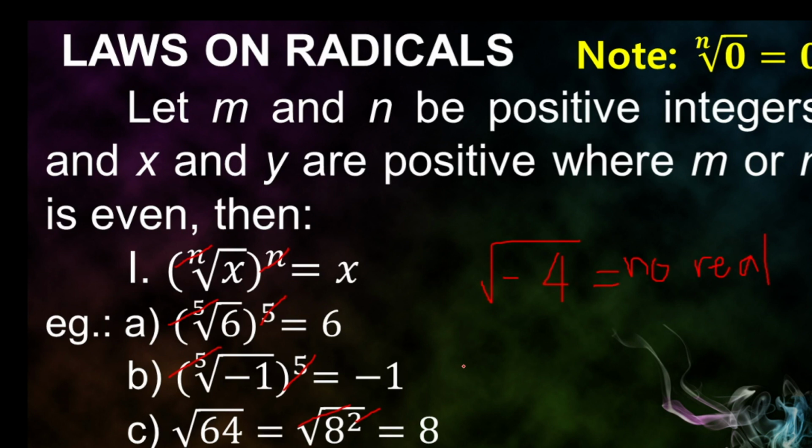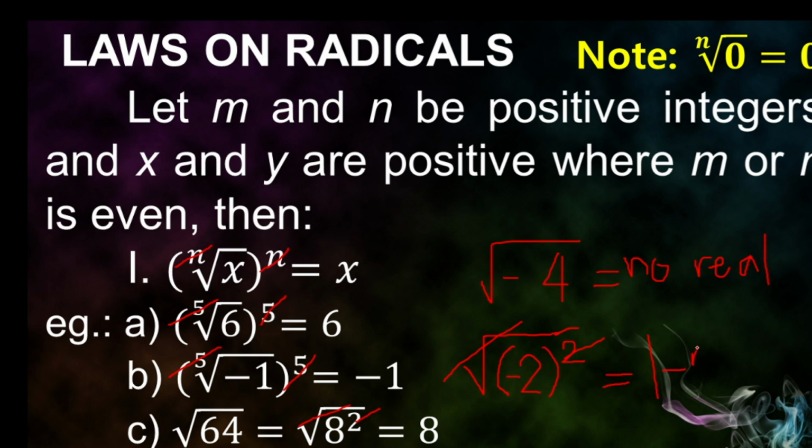However, if we are going to have this expression, the square root of negative 2 squared, we can cancel it out. However, we are going to take the absolute value of the radicand.